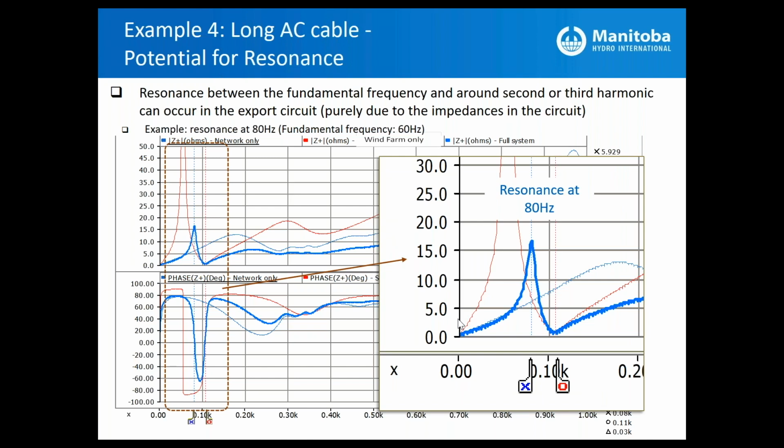Some of the wind farms with long cable, like over 200-kilometer schemes, happen to show physical resonance, based on the impedance characteristics and interaction of the overall impedance observed from the wind turbine and the onshore point of interconnection.